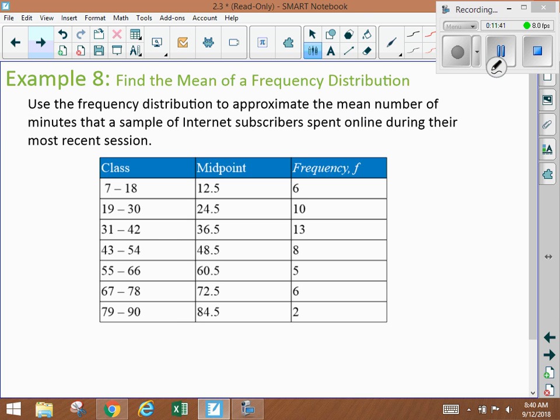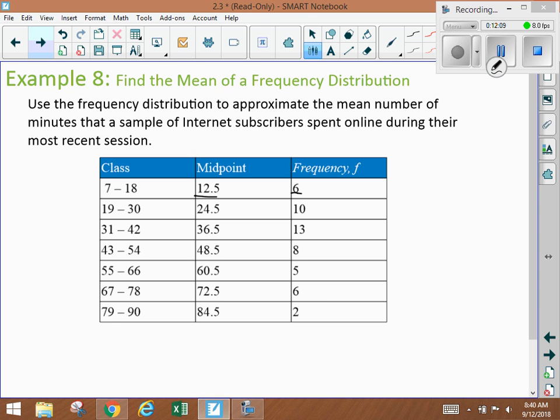So if we had a class 7 to 18, these are internet subscribers, the amount of time they spent online during the most recent session. So we had 7 to 18 minutes, 19 to 30 minutes, 31 to 42 minutes, 43 to 54, and so on. We did 7 plus 18 divided by 2 and got 12.5. How many were in that class?